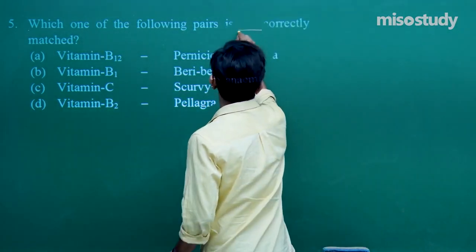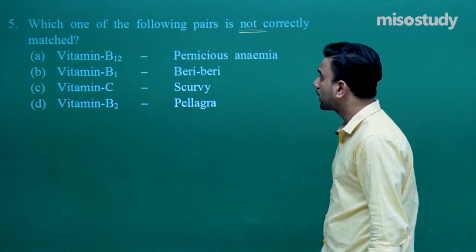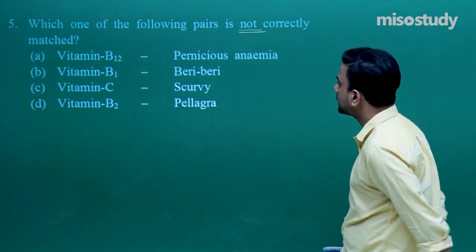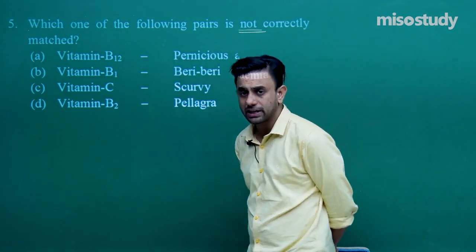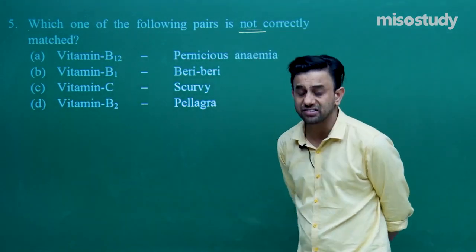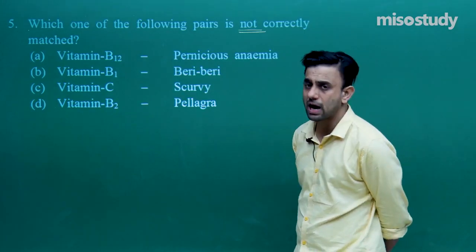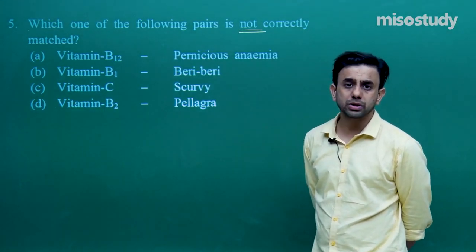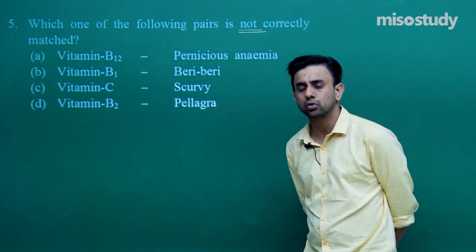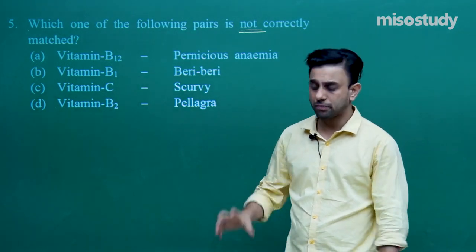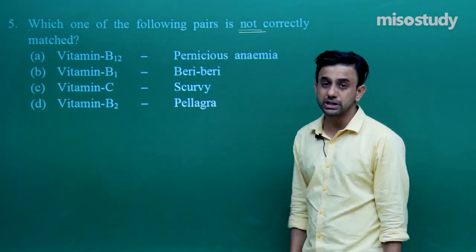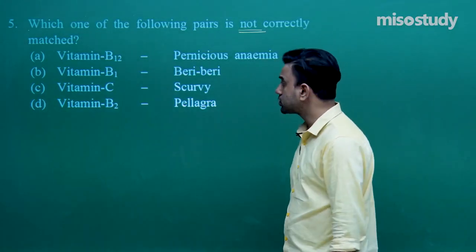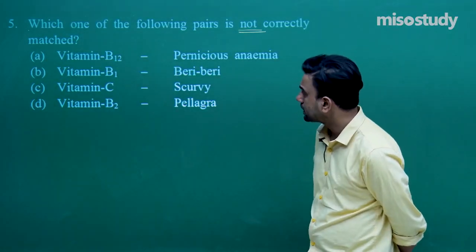This is a 'not' question, and you should always keep that in mind, okay. So vitamin B12 and pernicious anemia, or we can also say megaloblastic anemia. See, vitamin B12 and folic acid are very important for the maturation of RBC. Otherwise, the RBCs would become large in size and immature, and that would lead to pernicious anemia, right.